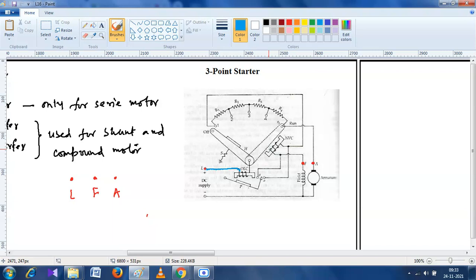The full form of OLC is overload coil. That means if the motor is overloaded, then this coil, or say that system, will activate.